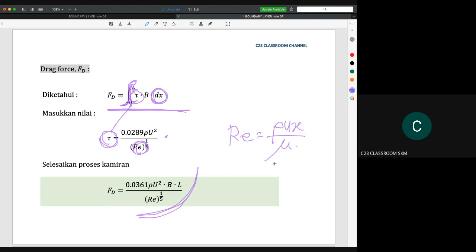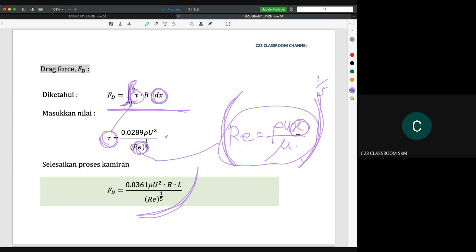You just substitute this into the Reynolds number, but please do not forget the power of 1 over 5. So the integration here only occurs for x. All the other parameters are constant, so you can bring them outside. You just need to integrate x only.